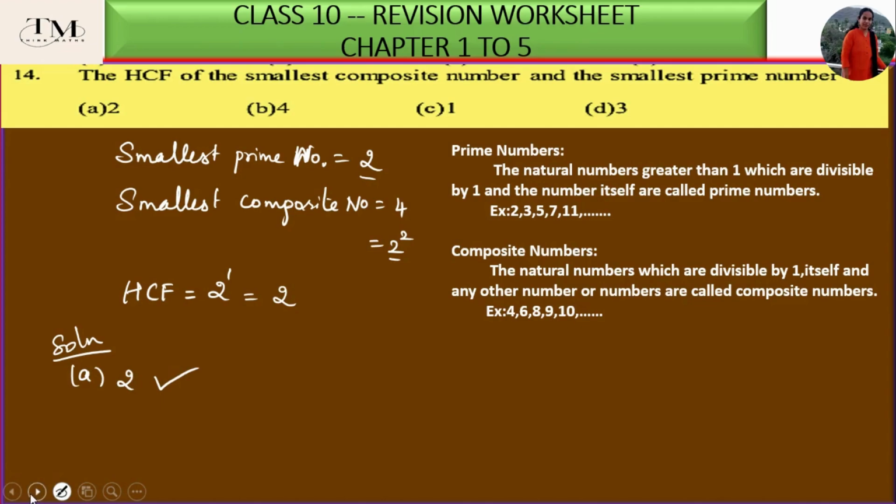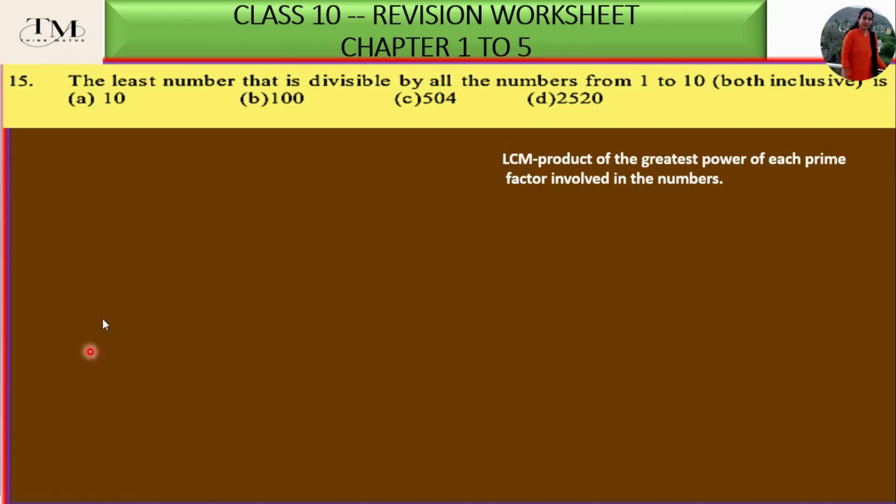So moving on to the 15th question. The least number that is divisible by all the numbers from 1 to 10, both 1 and 10 inclusive, is dash. What is LCM? Least number means LCM, product of the greatest power of each prime factor involved in the numbers.